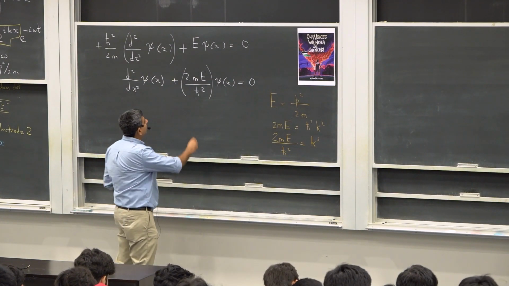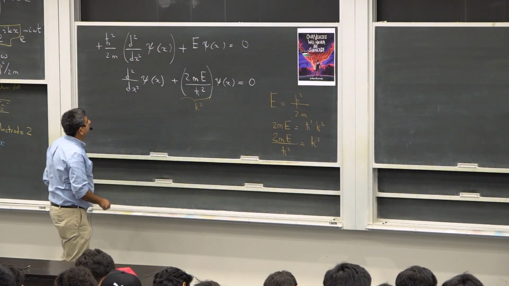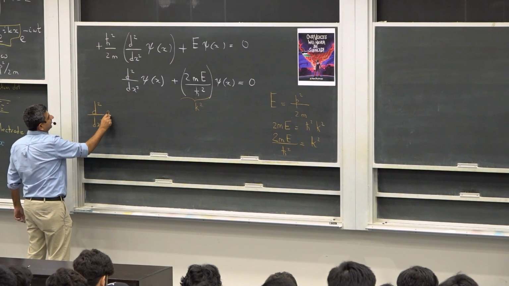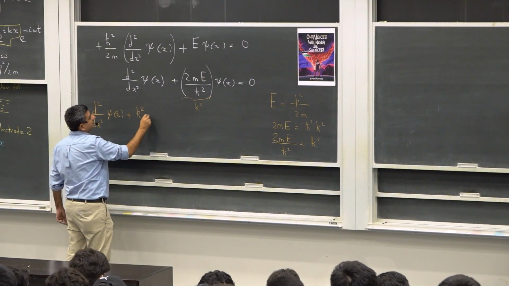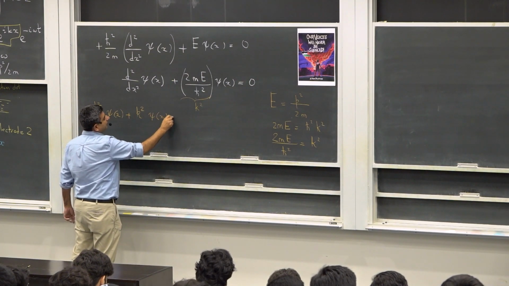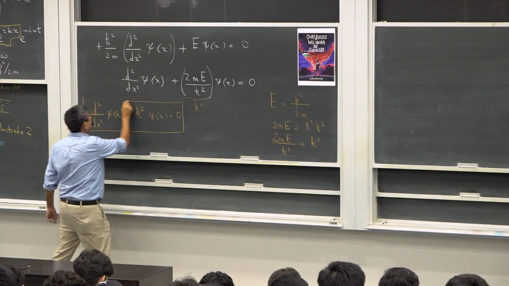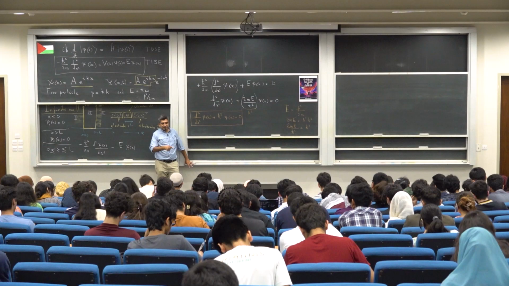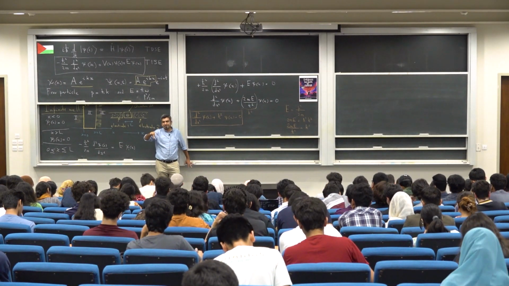So I could replace this with k square and write d²/dx² ψ(x) plus k² ψ(x) equals 0. Now this is my second order differential equation, the time independent Schrödinger equation for this particular problem inside the well.